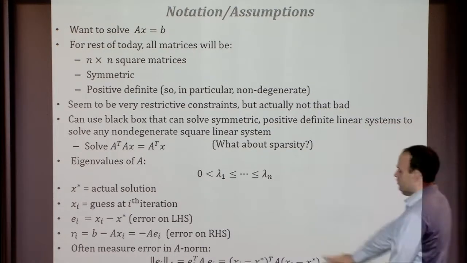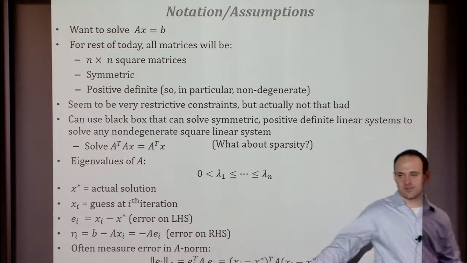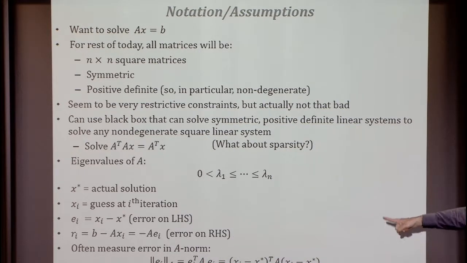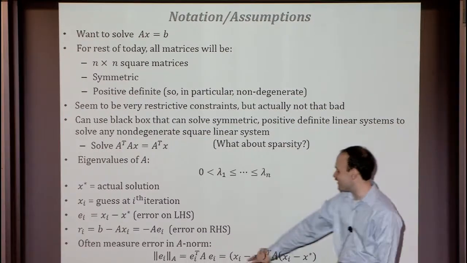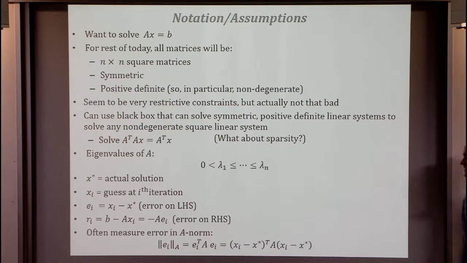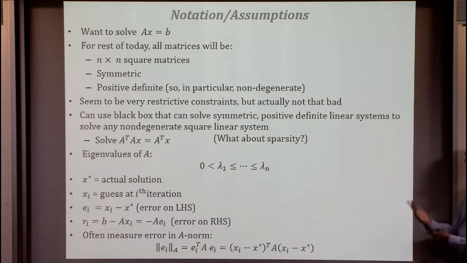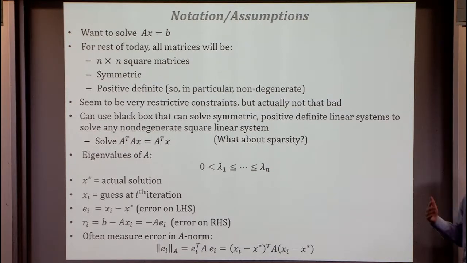If I ever write a norm with a little A, it means whatever's inside the brackets, transpose A, whatever's in the brackets. So the A norm of ei is ei transpose A ei, and that's the quantity one really wants to shrink. In most of today it won't really matter, any norm will do, but once we start doing preconditioning, we're going to have to be careful with this.